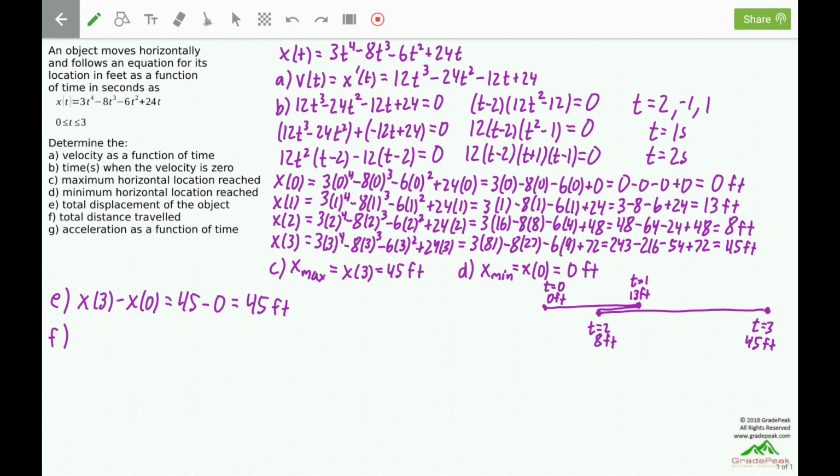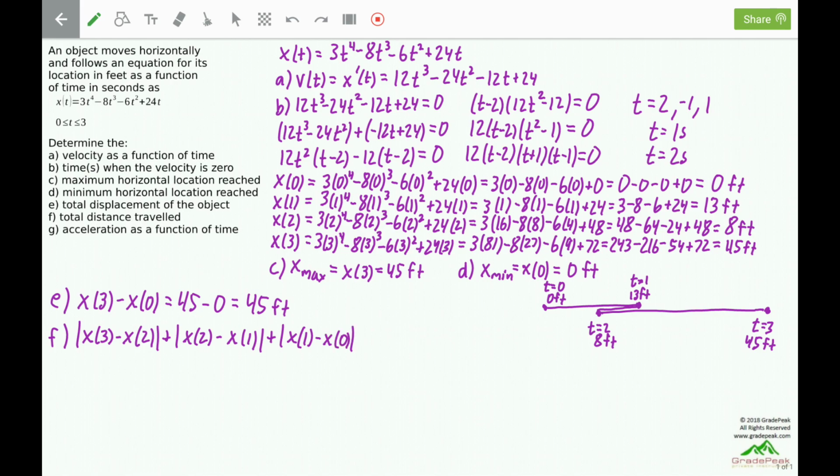We want to make sure they all stay as positive numbers, and so that's done by the final position minus the turnaround time before it, plus that turnaround time minus the turnaround time before it. We have two turnaround times here. And then add to that turnaround time minus where it started.